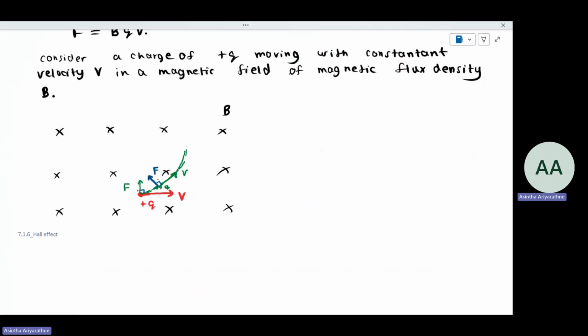So the final result would be a circular path, like this, of some radius r.